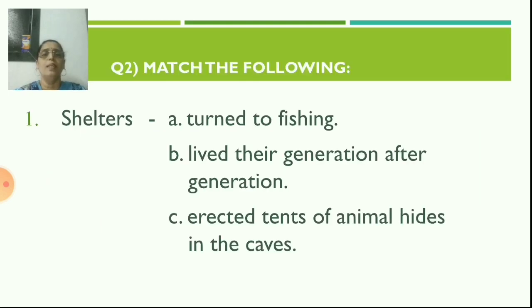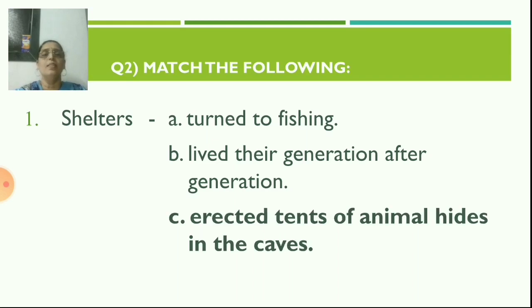Okay. Now the next. Question 2. Match the following. Question is given with 3 options. You are going to select the right option. Okay. So the first is shelters. And the options are A. Turned to fishing, B. Lived their generation after generation, C. Erected tents of animal hides in the caves.